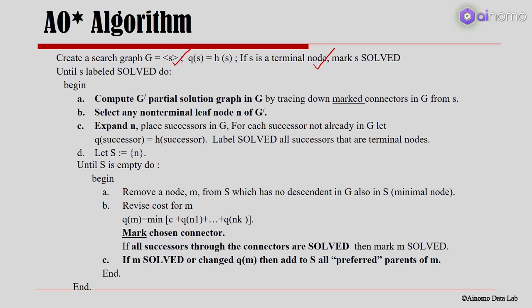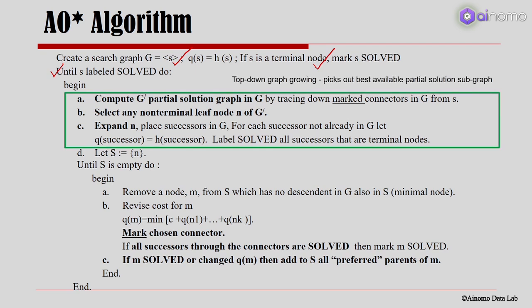For this, I keep looping until I can mark S as solved. In the first portion, I pick up the best available partial solution graph by tracing down marked connectors. How we mark them comes from the next portion of the algorithm. Initially, I have no marked connectors and just follow the one with the lowest cost. Later, I have the marked connectors and follow the path of the marked connectors.